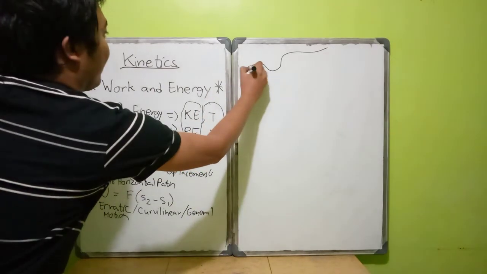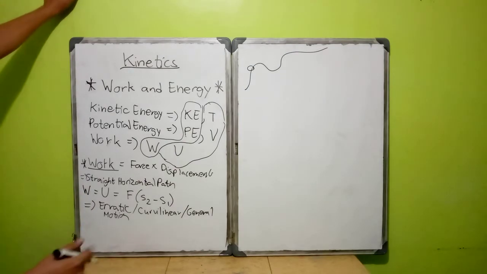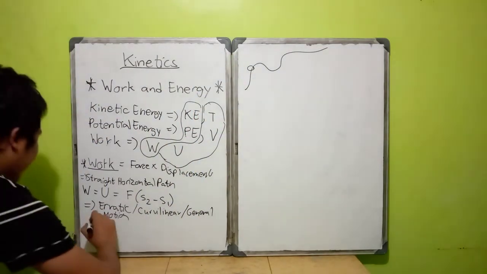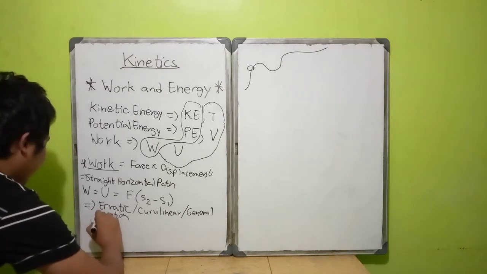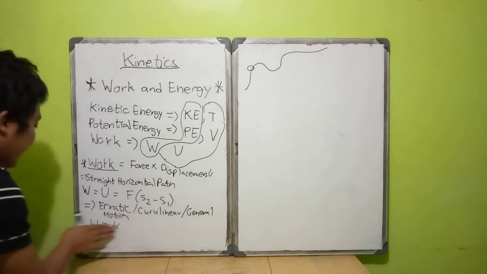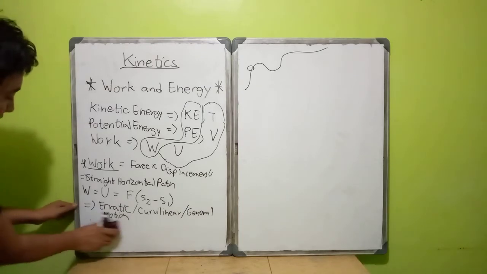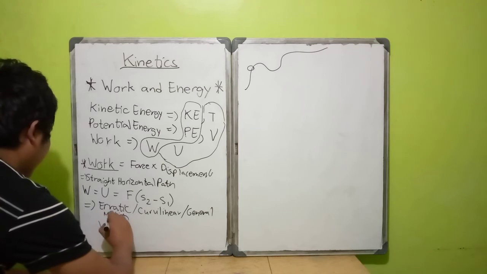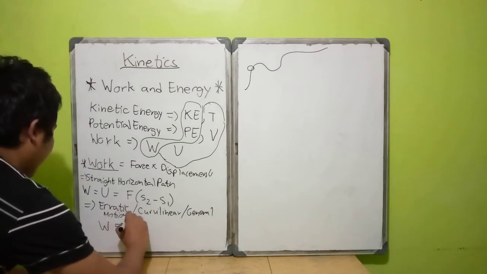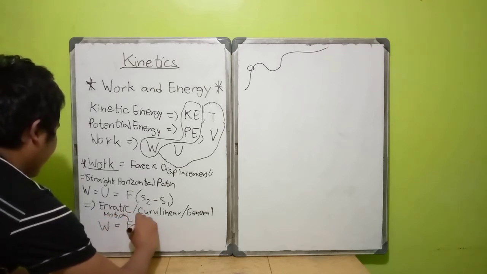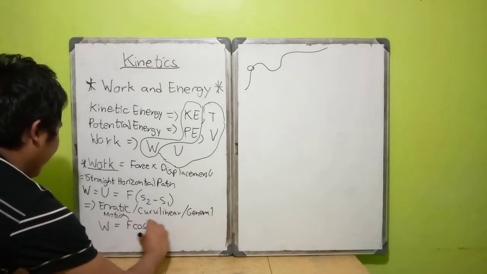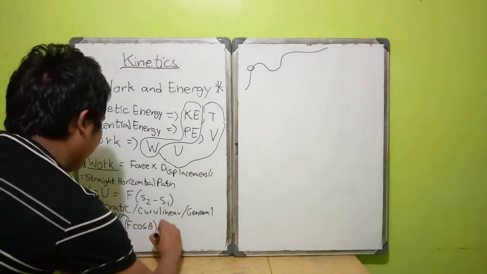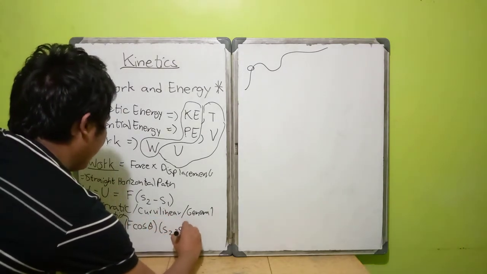given that your position at that time is at a certain angle with the horizontal, you can use W or U equivalent to F cosine theta times the displacement, which is S2 minus S1.